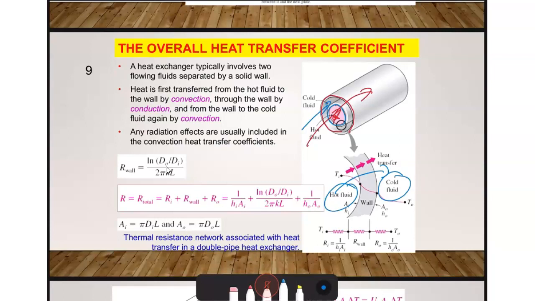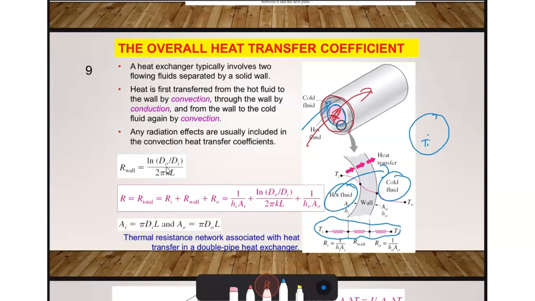So here, if you would like to find the formula, the very simple way is by drawing a thermal resistance network diagram. You have the first one, Ti, which is the middle temperature of the fluid.